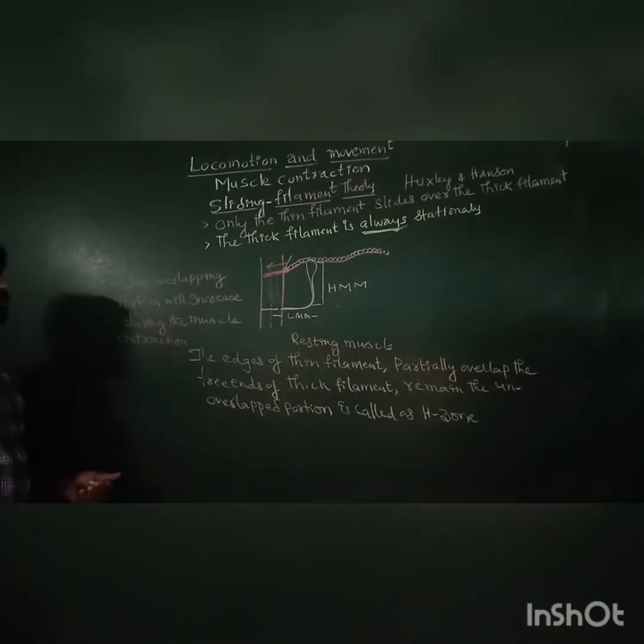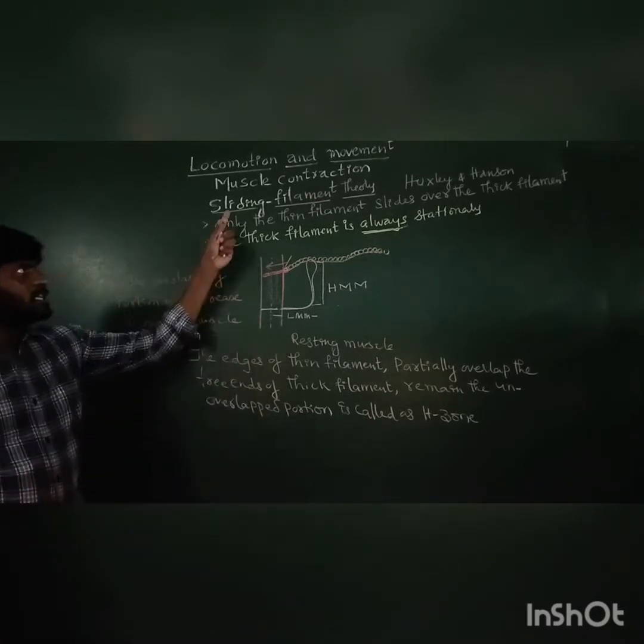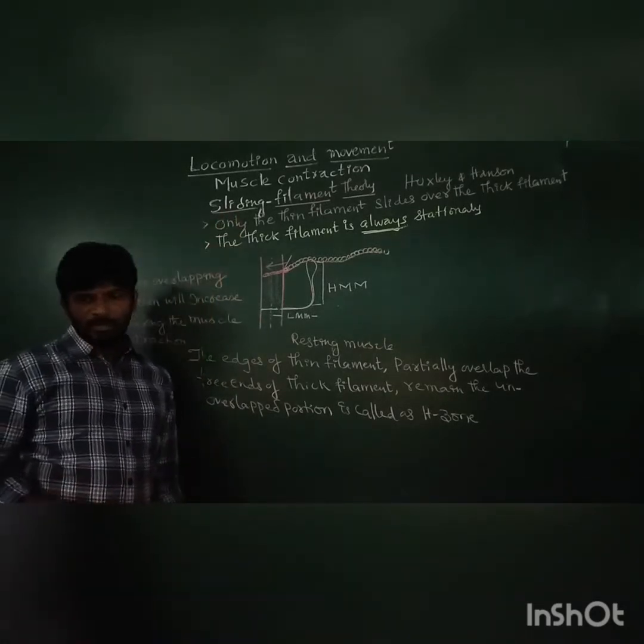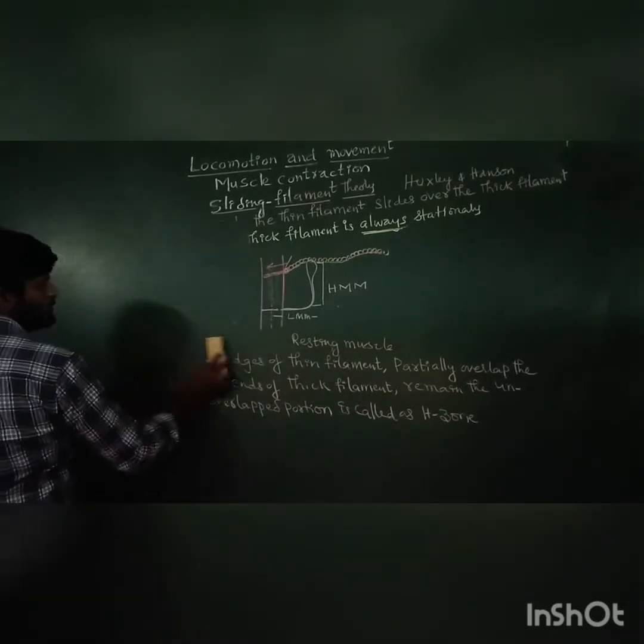So, how does muscle contraction occur? That is explained by the sliding filament theory. The steps in the sliding filament theory are as follows.